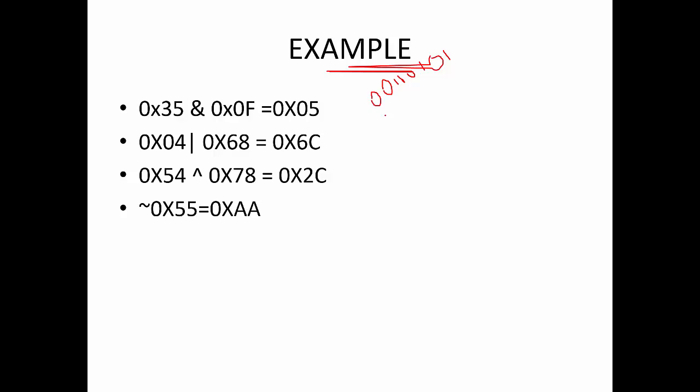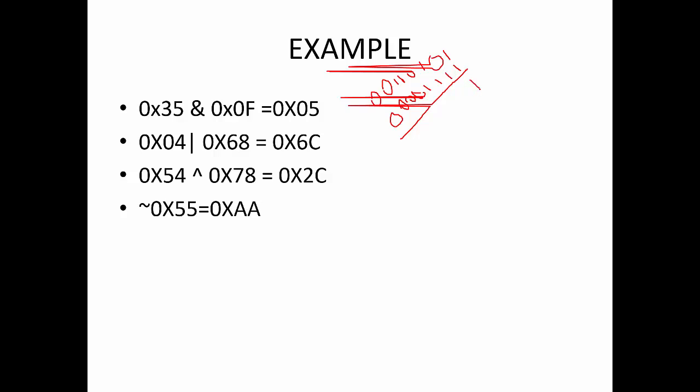And 0x0f is 0, 0, 0, 0 and 1, 1, 1, 1, since F means 1, 1, 1, 1. So you have to make the AND operation between these two.